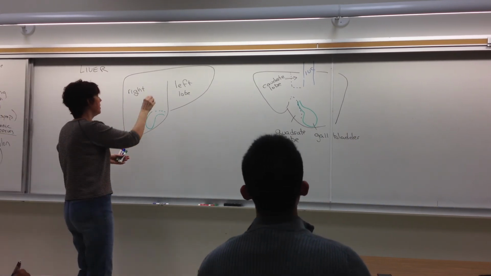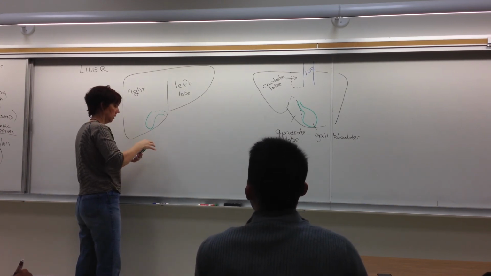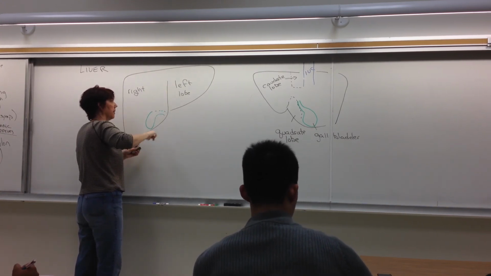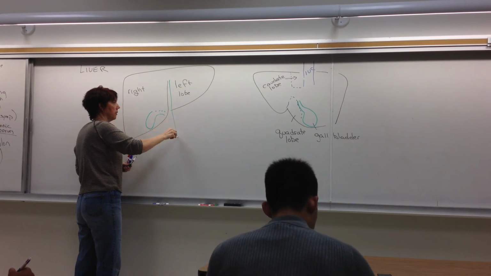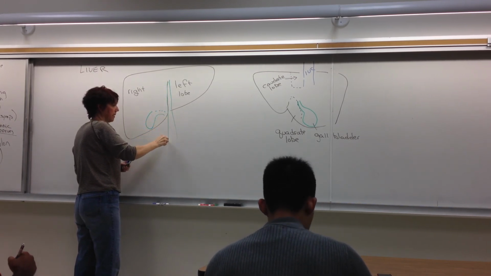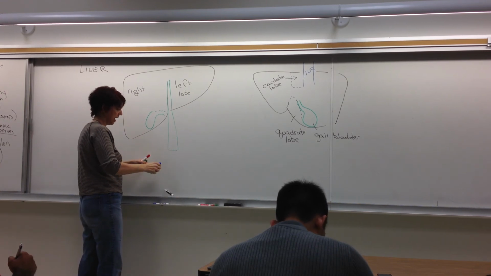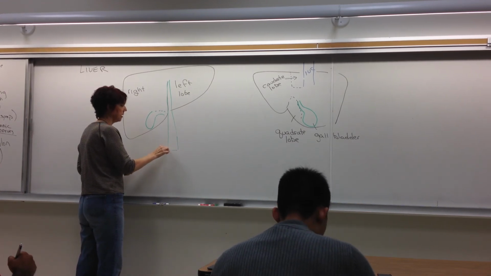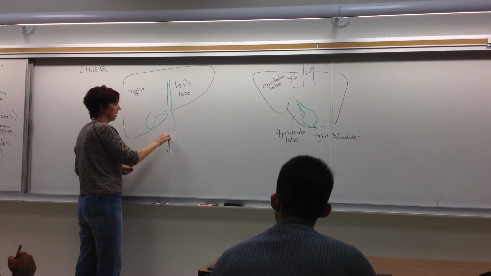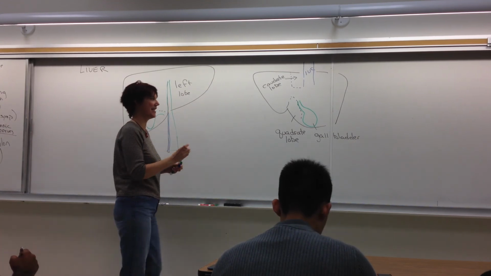Running down the mid-surface here, remember the peritoneal structure that I drew that came from the belly button, the umbilicus, and traveling in that fold was our collapsed ligamentum teres.